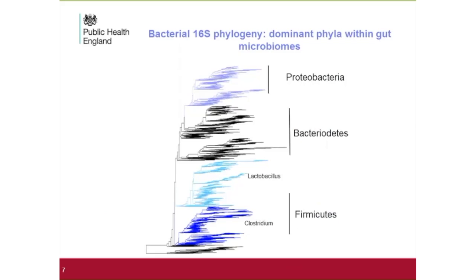So I wanted to define the three components and how I will refer to them in the next set of slides. So in this slide, based on 16S phylogeny and the work that has been done over the last 10 years, we have now identified that in humans, the gut microbiome is predominantly Bacteroidetes and Firmicutes.